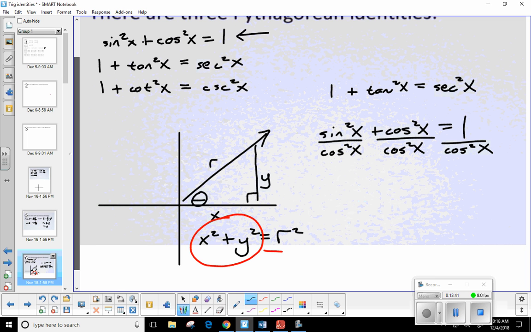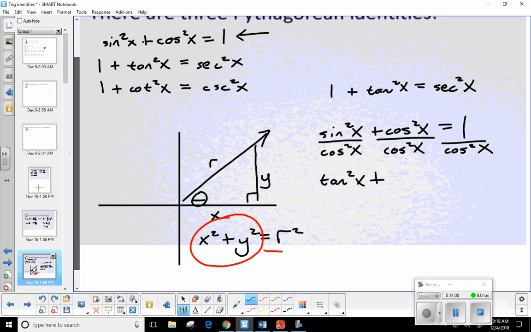Okay. Now, does any part of this look familiar? We just had an identity a moment ago. What is sine over cosine? That's tangent, right? So if sine over cosine is tangent, what's sine squared over cosine squared? That would be tangent squared.